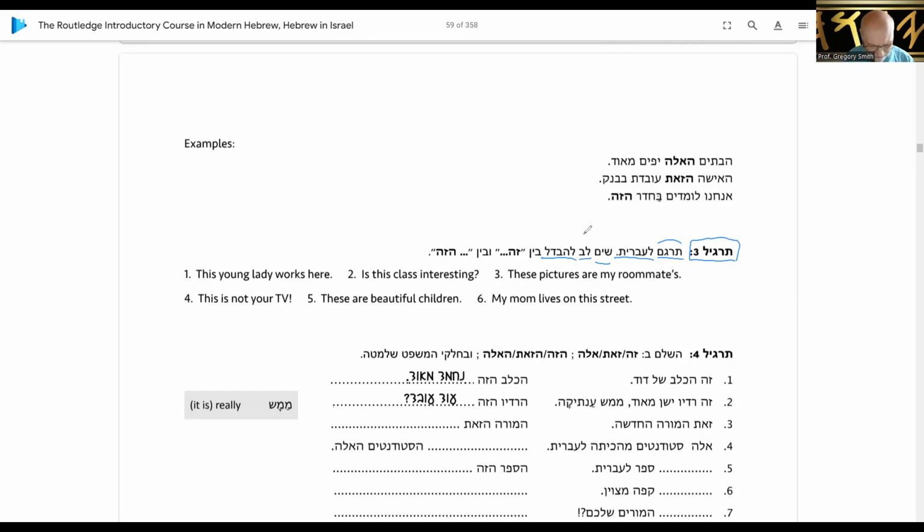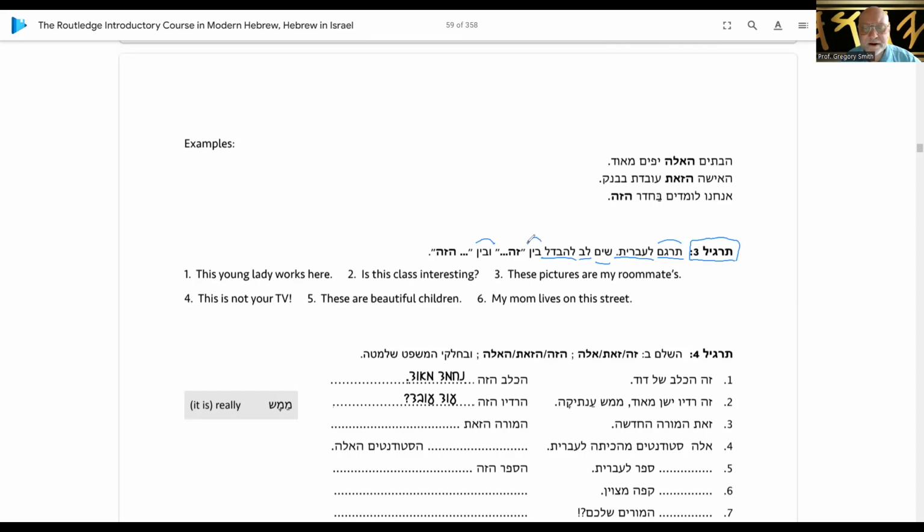Note the difference between zeh uvein, between zeh and hazeh. This uvein is like and between.